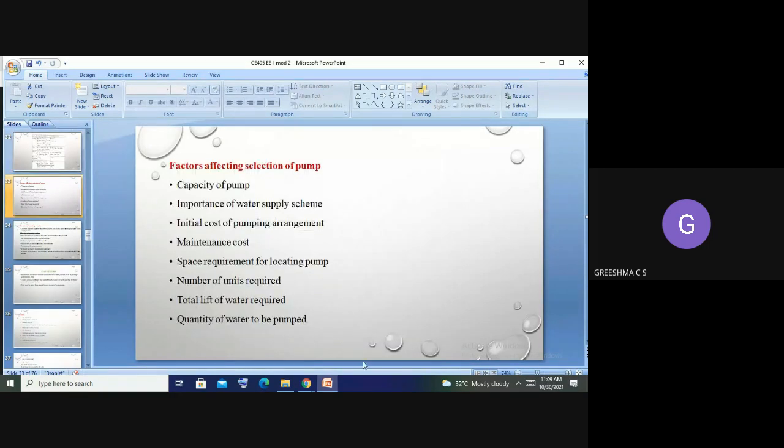Coming to the next portion, the factors which are affecting the selection of the pump.